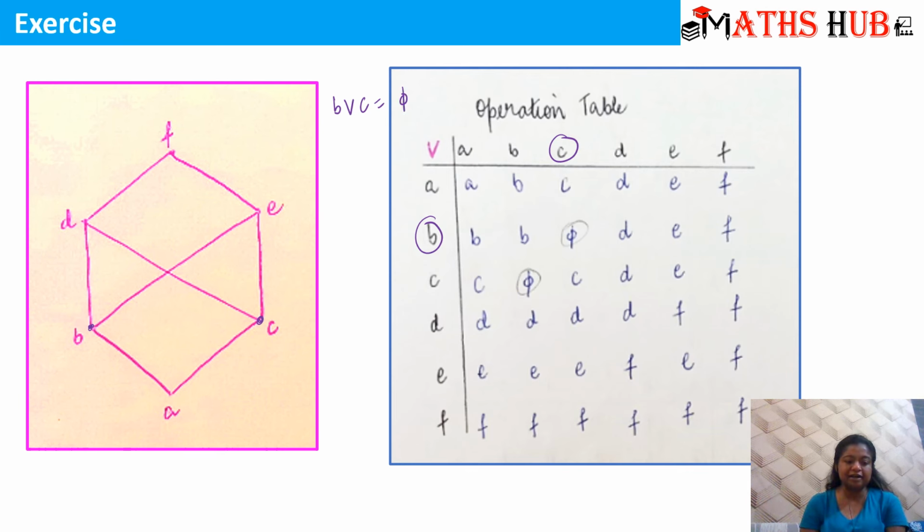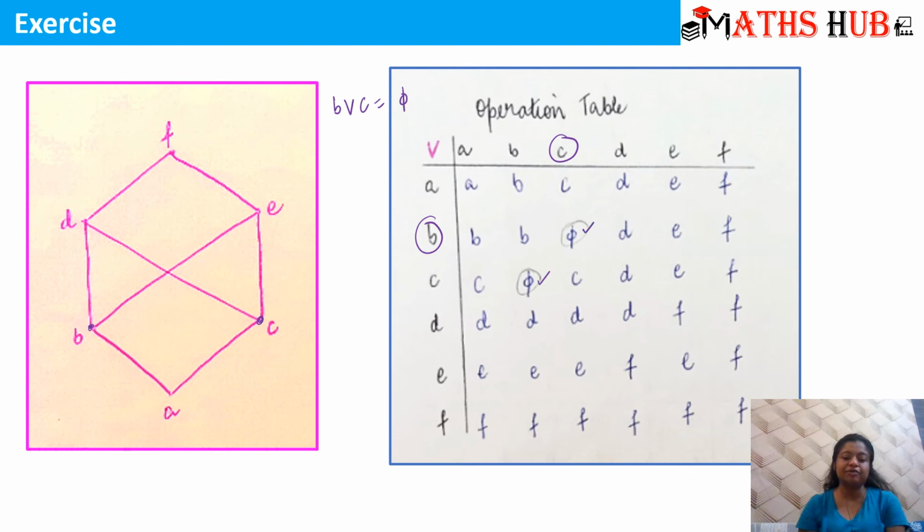So we cannot say that B join C is D or E. They are upper bounds, but they are not the least upper bound because they are at the same level, right? So we cannot declare that D is greater than E or E is greater than D. So we will say that B join C is equal to phi. So this element becomes phi and similarly this element is also phi.